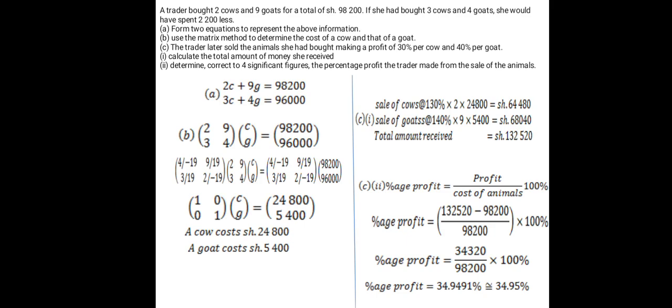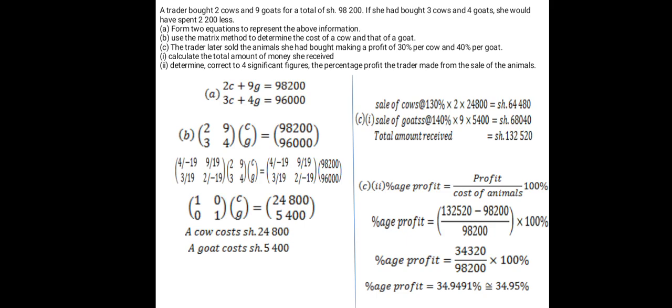A trader bought 2 cows and 9 goats for a total of 98,200 shillings. If he had bought 3 cows and 4 goats, he would have spent 2,200 shillings less. Form two equations to represent the information.